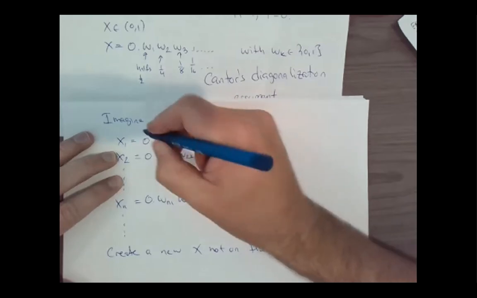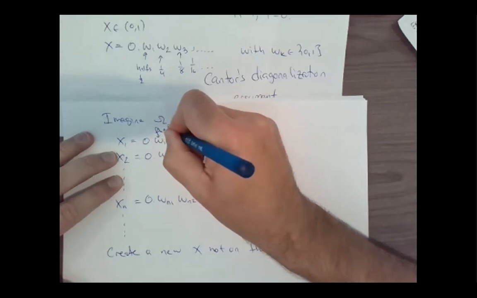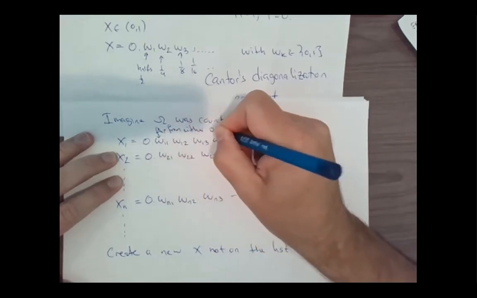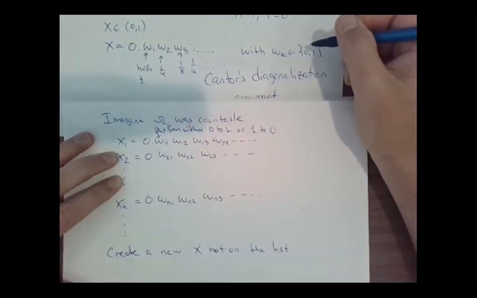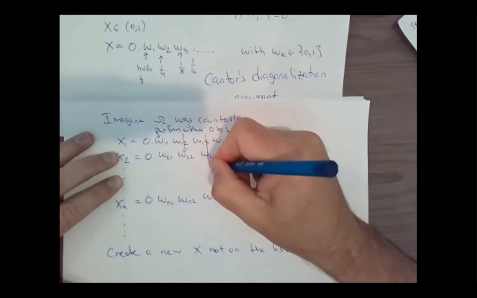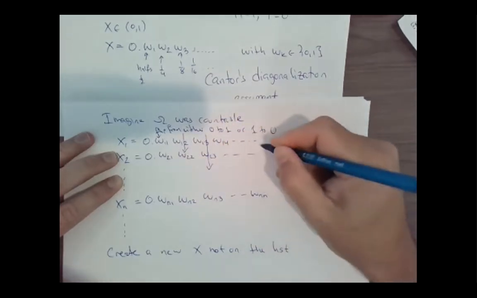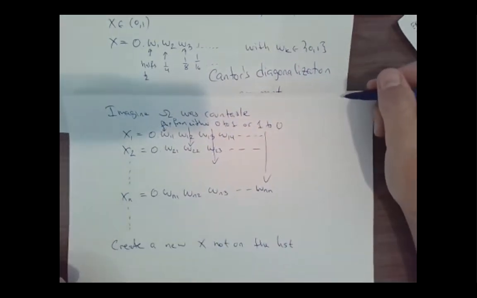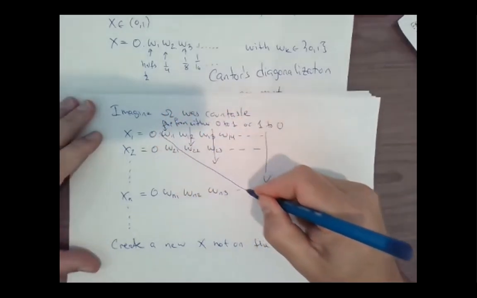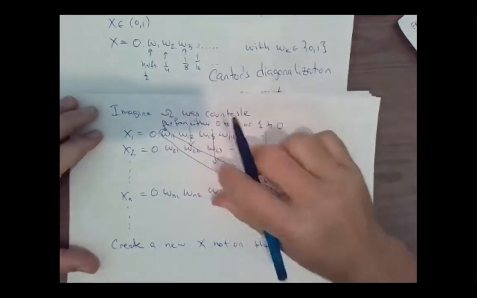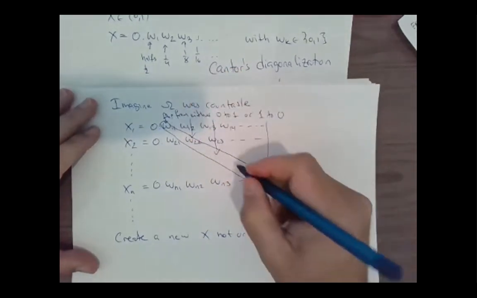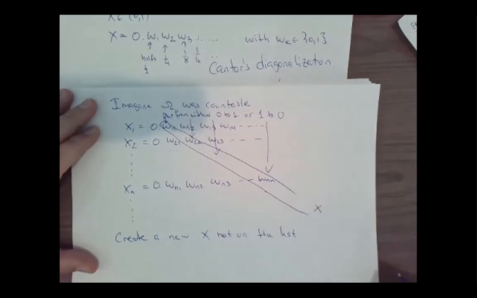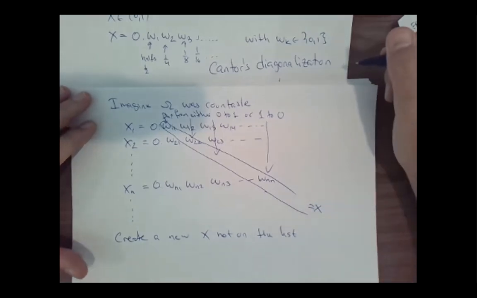If it's 1, you flip it to 0. You do that to that one, and over here you're going to have n, you flip that one. So now on this diagonal piece, everything has been flipped. And that's going to be your new x. This is how he defines his new x.